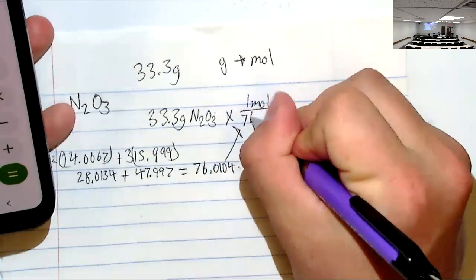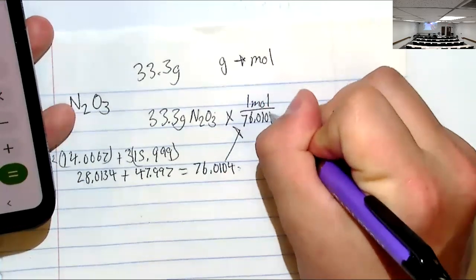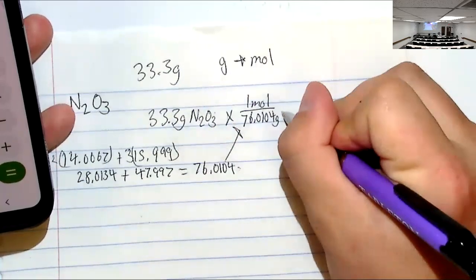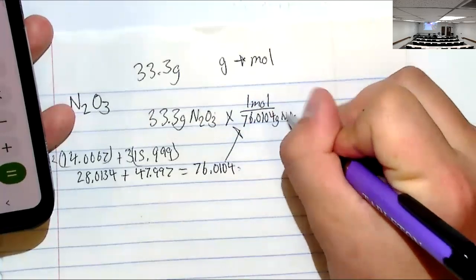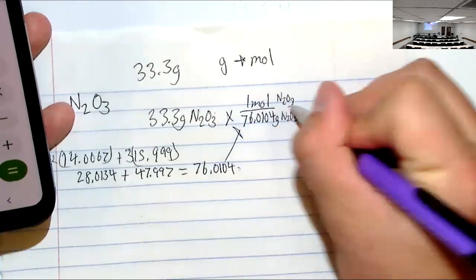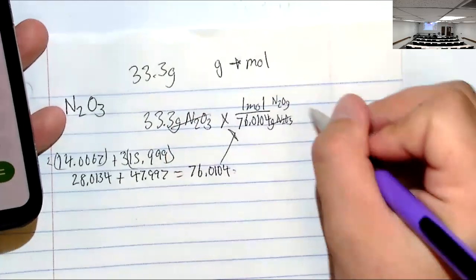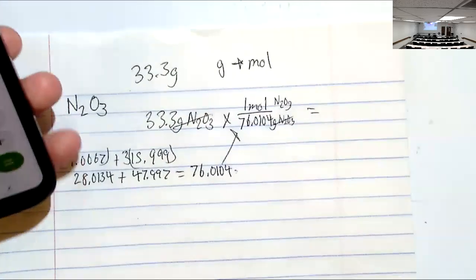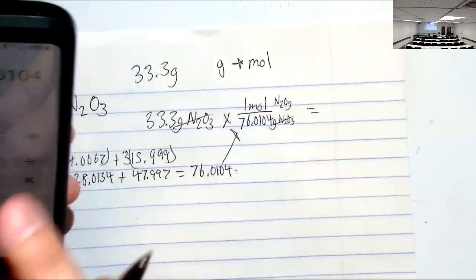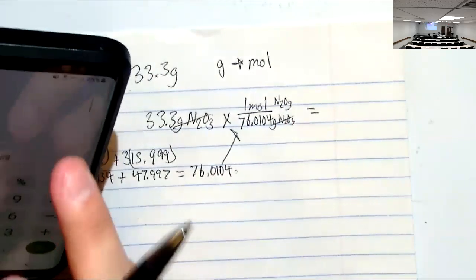So we get our 76.0104 grams of N2O3. So our grams will cancel. On hold on, let me delete all my calculator.